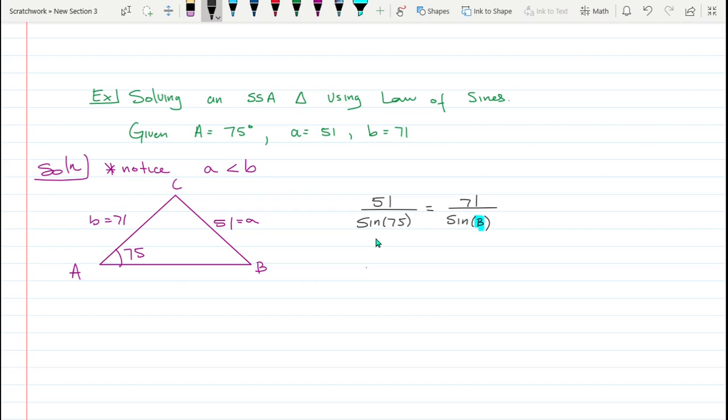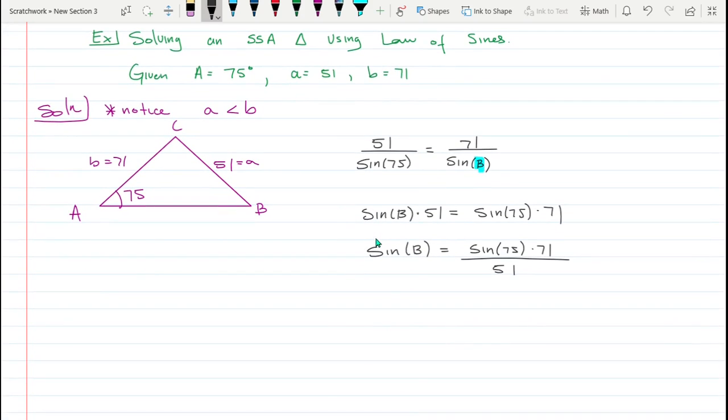So multiply sine of B to the other side, and at the same time multiply sine of 75 to the other side, and then divide both sides by 51, and we'll have sine of 75 times 71 over 51.